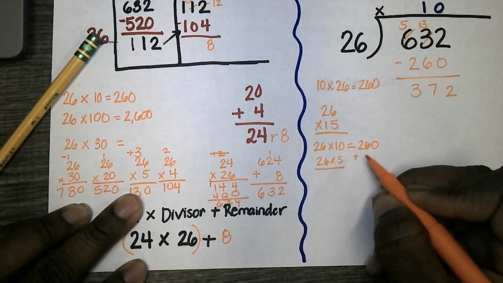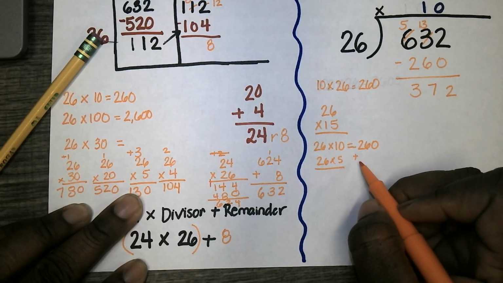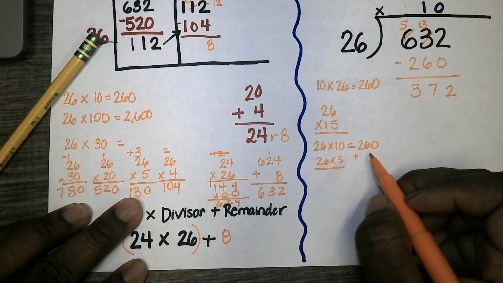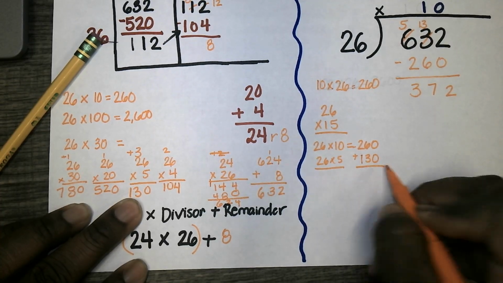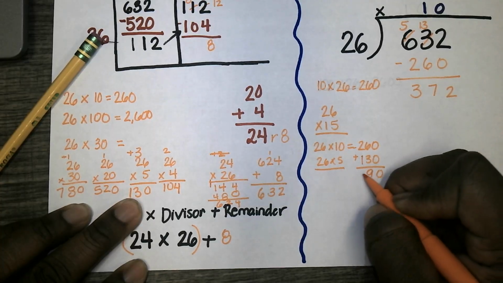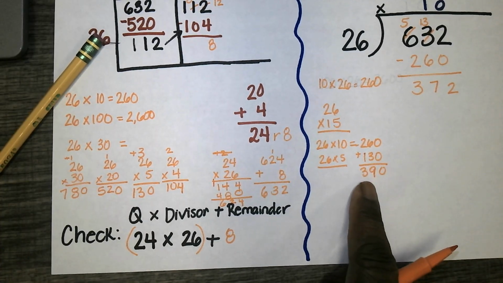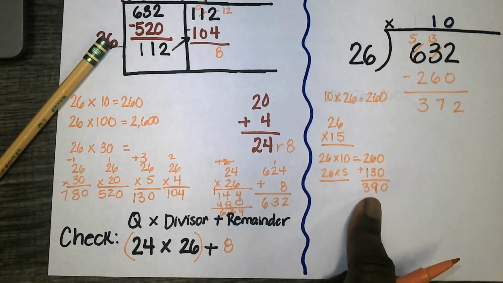This is like partial products. And that gave me 130. Let's see if that works. I don't think so. 390, just a little bit over. So 15 does not work.